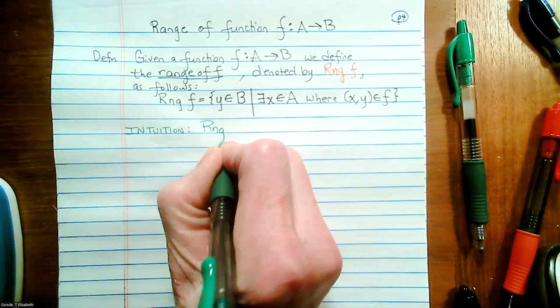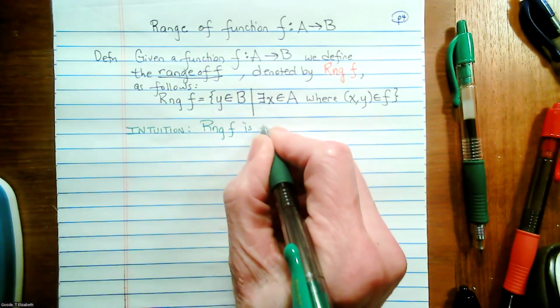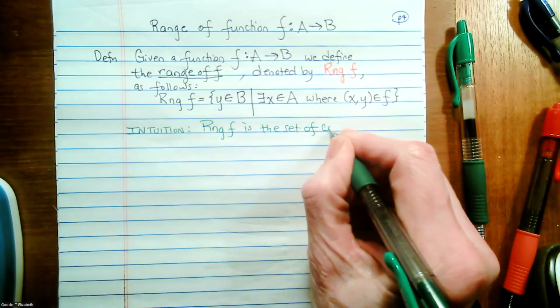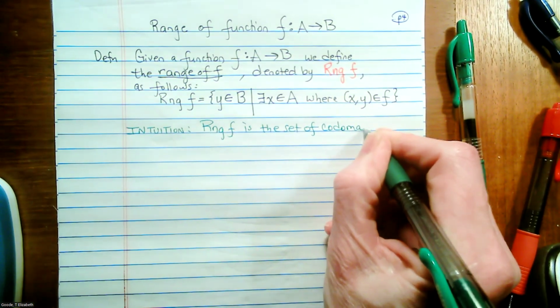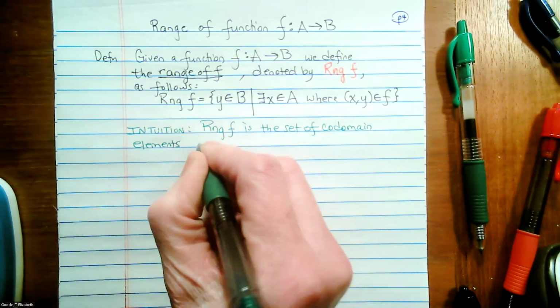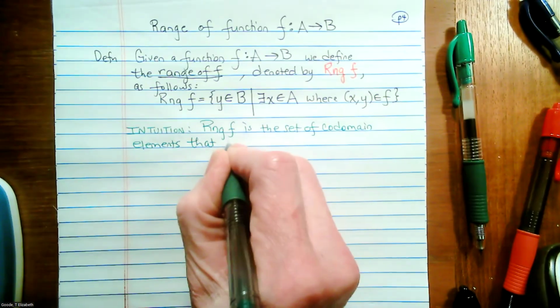The range of F is the set of codomain elements that appear as second coordinates.